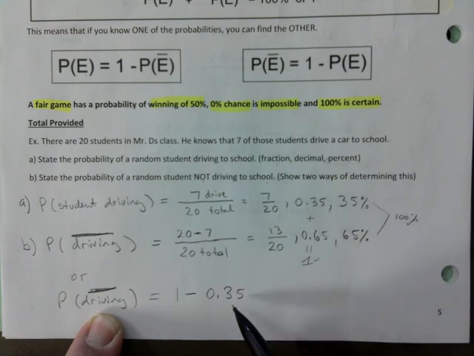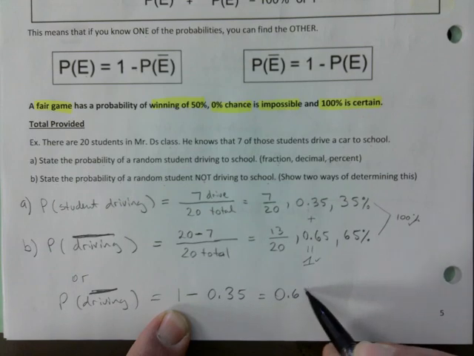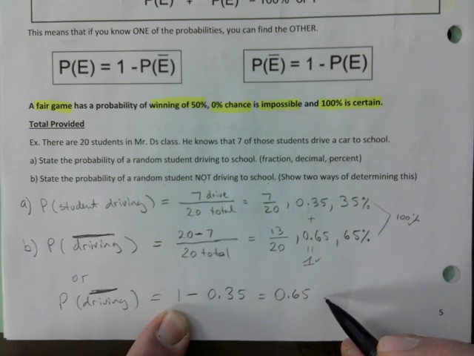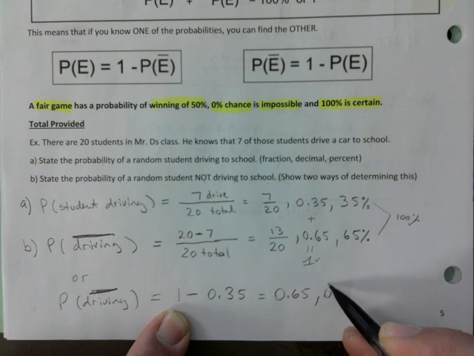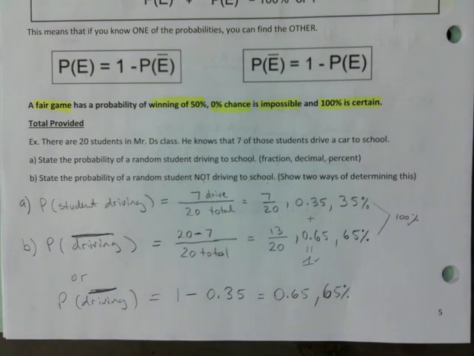I'm going to take away 0.35 from 1, which gives me 0.65, which is 65%. Same thing. Okay. So that's your two ways of answering that same question there.